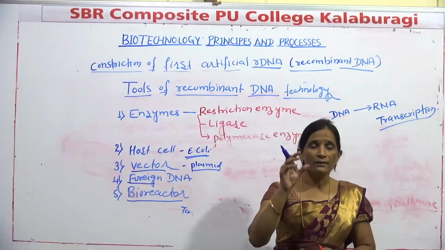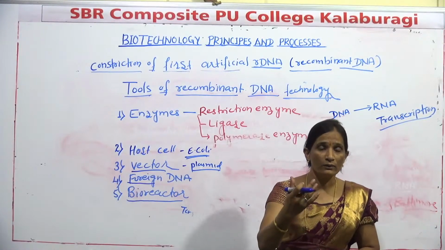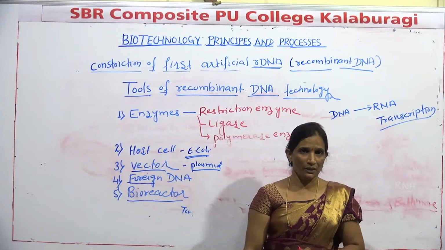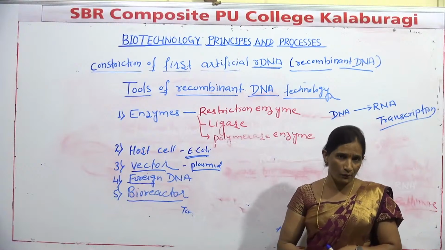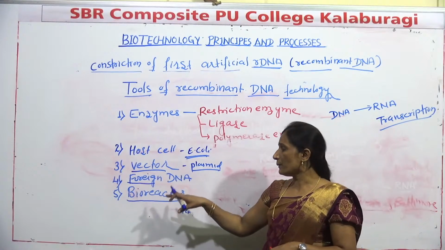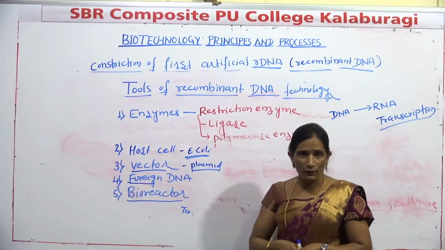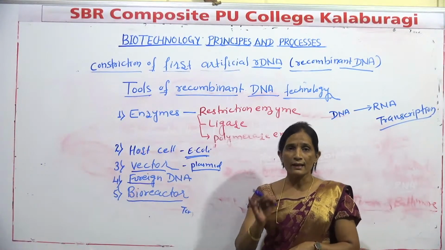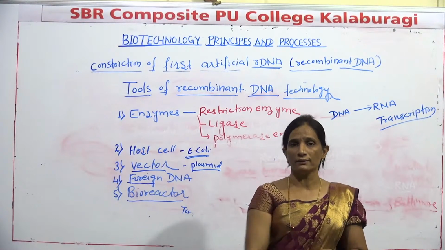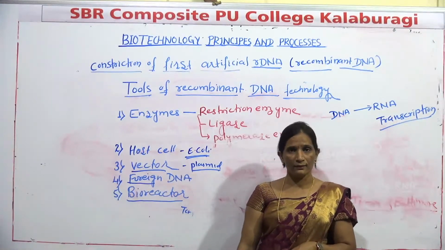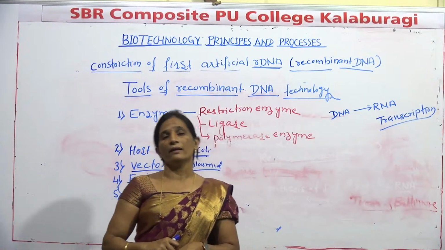In detail, you are going to study it in this chapter only: types of bioreactor, what a bioreactor is, what the volume of a bioreactor is. But a bioreactor is a stainless steel vessel designed to carry out biological reactions. So these are the tools of recombinant DNA technology.